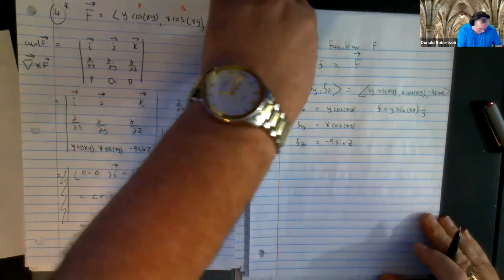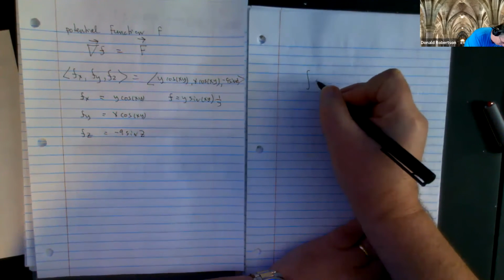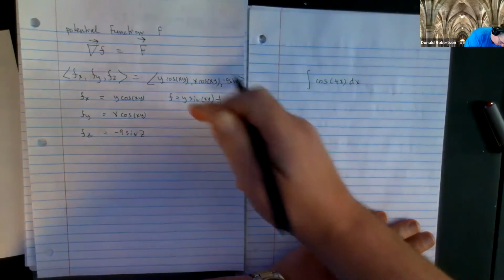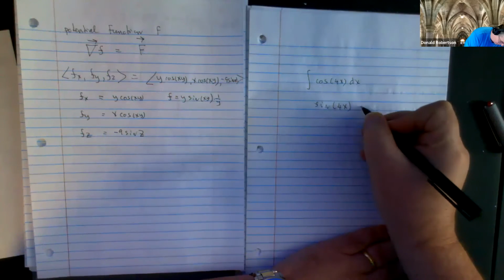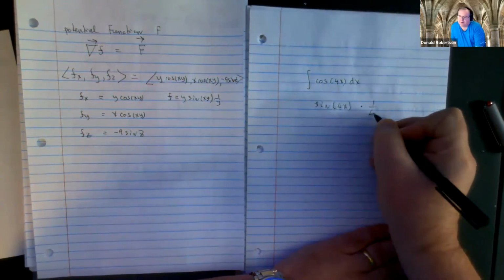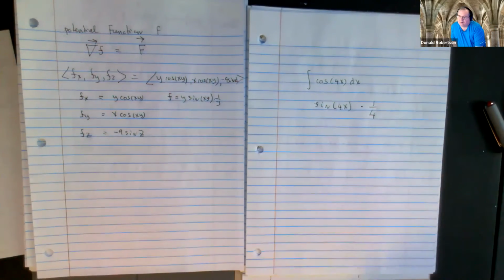Let me pause on that and show you where that's coming from. If I asked you to integrate the cosine of, let's say, 4x, because that's what we're doing, you would say, oh, well, the integral of a cosine is a sine, and then times a quarter, remember that? Now, if you were differentiating, it would be times 4, but when you integrate, it's times a quarter, right? They're kind of opposites of each other.